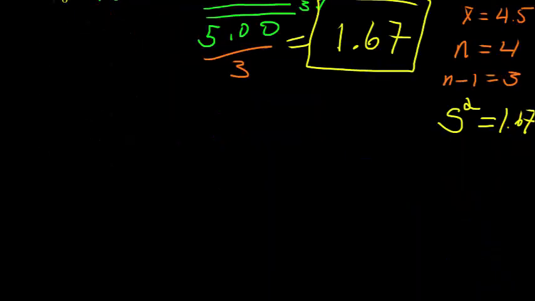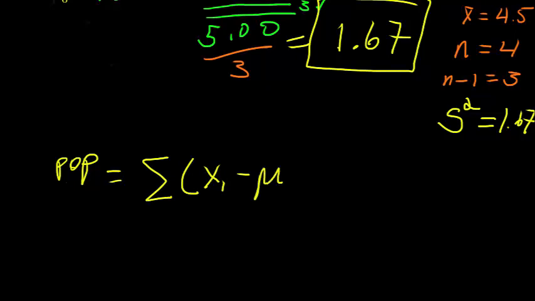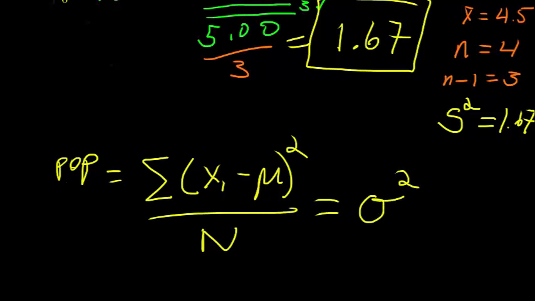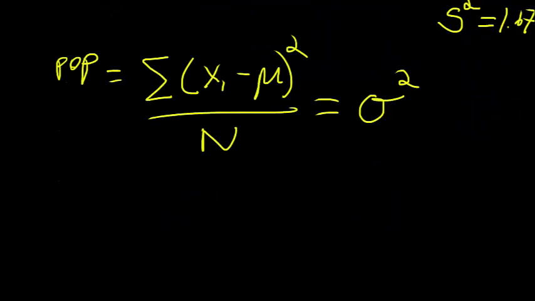Okay, and as long as we have that answer up, let's talk about that for a second. When my variance is in a population, again, the summation of x sub i minus mu squared over the capital N, I depict it by using the Greek letter sigma and then squared.